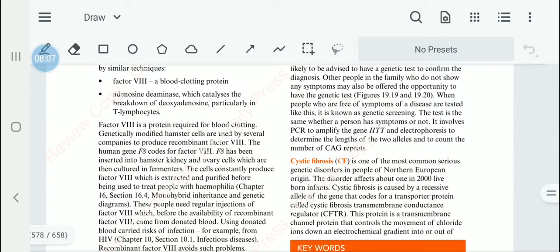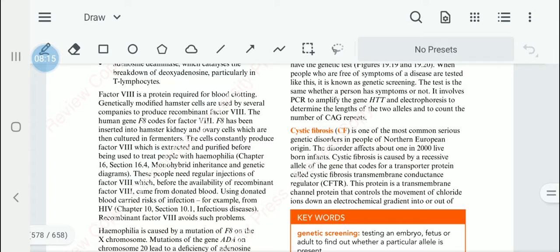Then another disease is cystic fibrosis. It is another genetically transferred disease. The gene codes for a transporter protein called cystic fibrosis transmembrane conductance regulator.